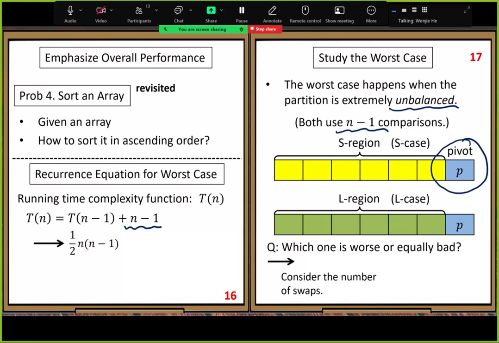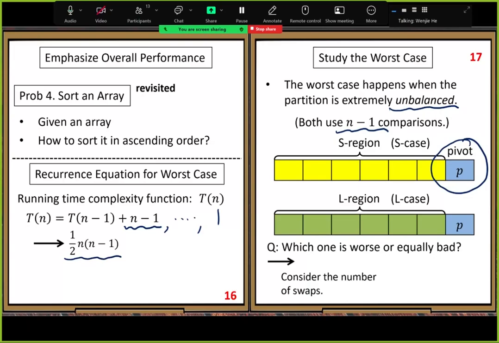Then you will see you need to add up all the consecutive integers from 1 through n minus 1. The largest term is n minus 1, and the smallest is 1. Adding up all these numbers gives this many comparisons.